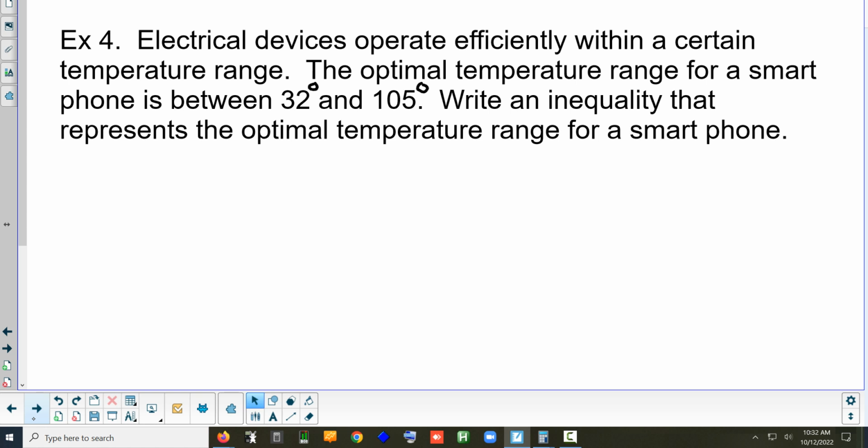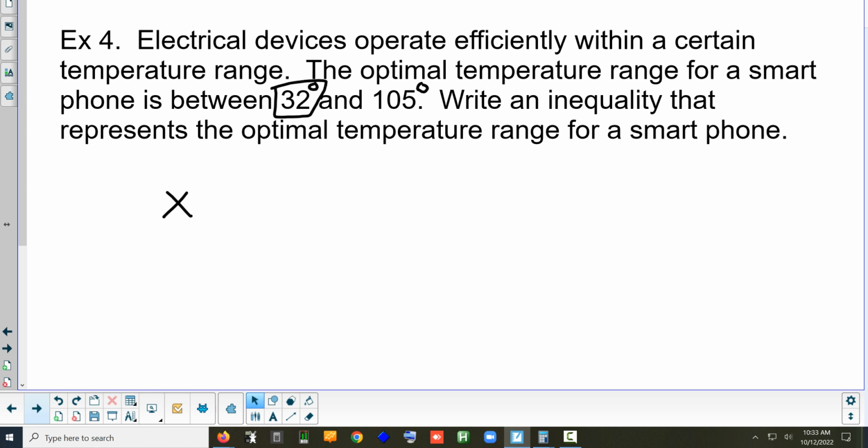So it says write an inequality that represents this temperature range. So let's start with the information from here. We have to pick a letter that represents the temperature. What would be a good letter? You can use the letter we always use. Yep. X. What's the lowest that we want the temperature to be?